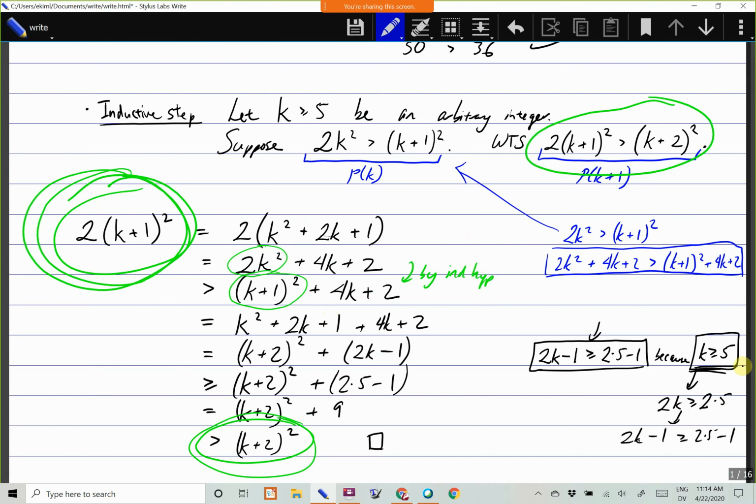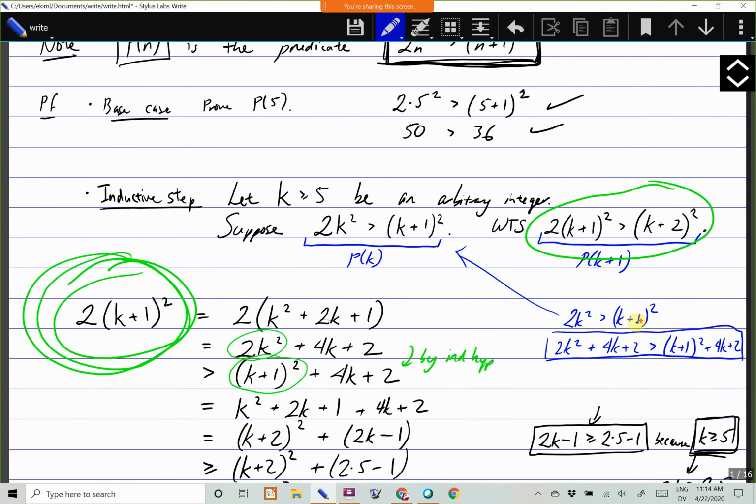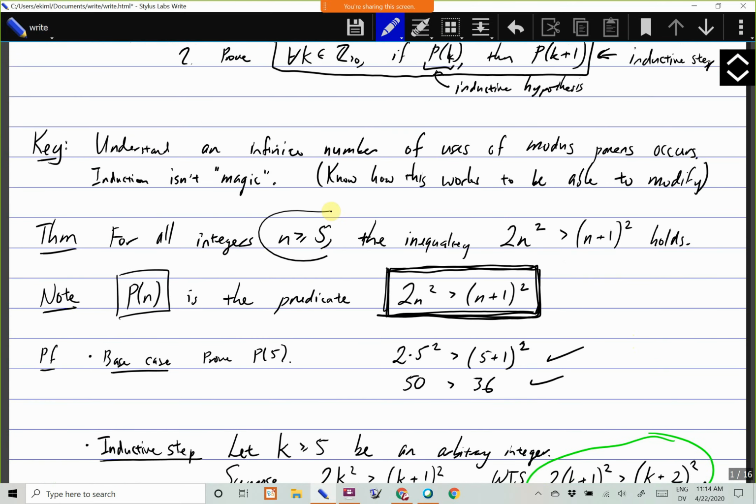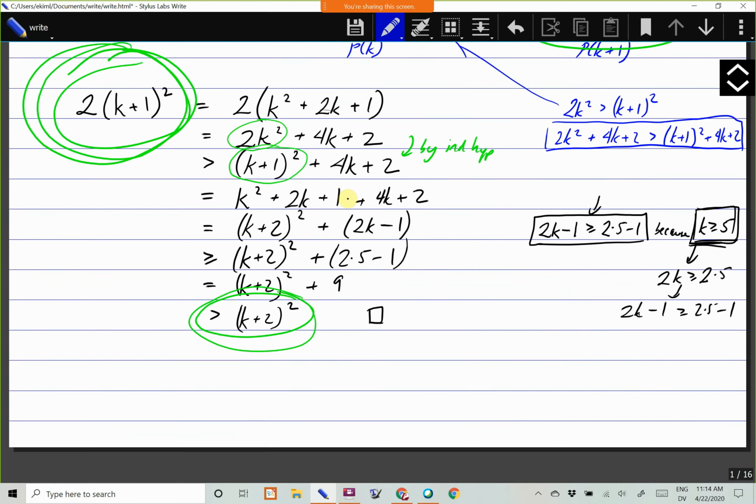So we made use of the fact that k is greater than or equal to 5 because that was part of the setup of how the theorem was stated in the first place. It actually turns out that for smaller values of n, this inequality doesn't even hold. So that's why we had to start at 5. Does that sort of address it a little bit? I hope.